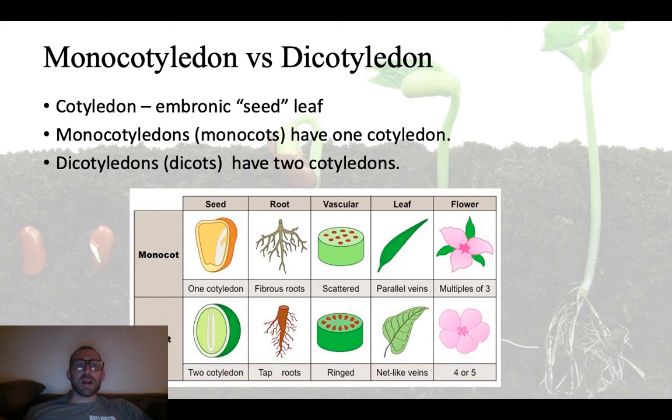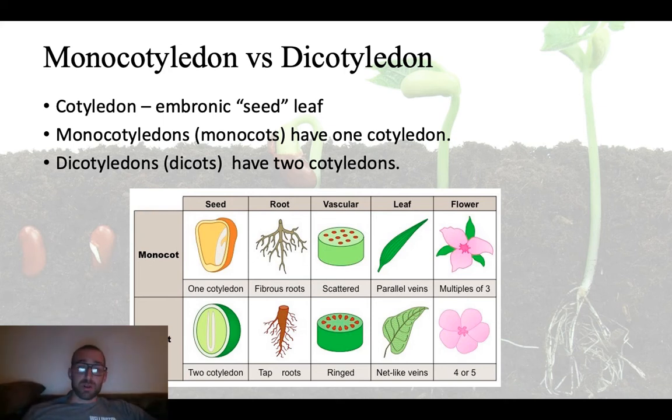Our monocots, as the name suggests, mono being one, have one cotyledon, whereas our dicots have two cotyledons, di meaning two. That's the important distinction. Now, besides just their number of seed leaves, there are a number of other physical traits that can help differentiate monocots versus dicots. They're not always true.